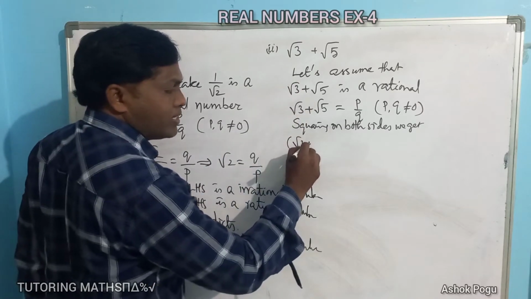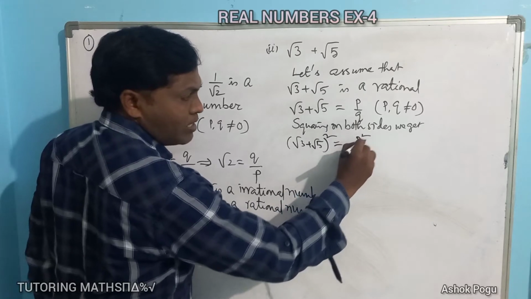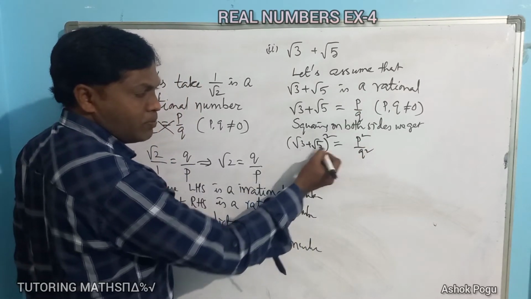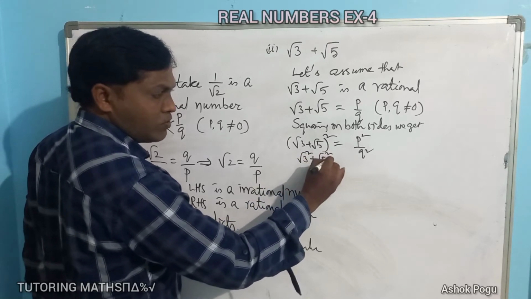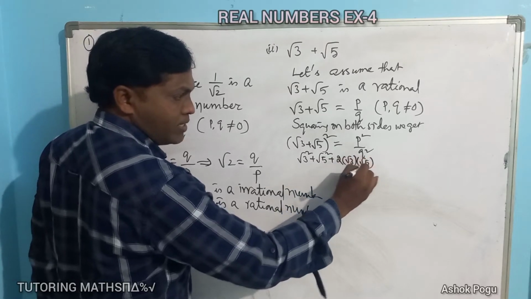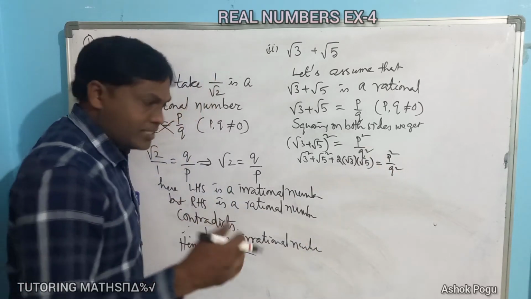Root 3 plus root 5 whole square, and p by q whole square is p square by q square. It is in the form of a plus b whole square, a square plus b square plus 2ab, and it is p square by q square. Yes.